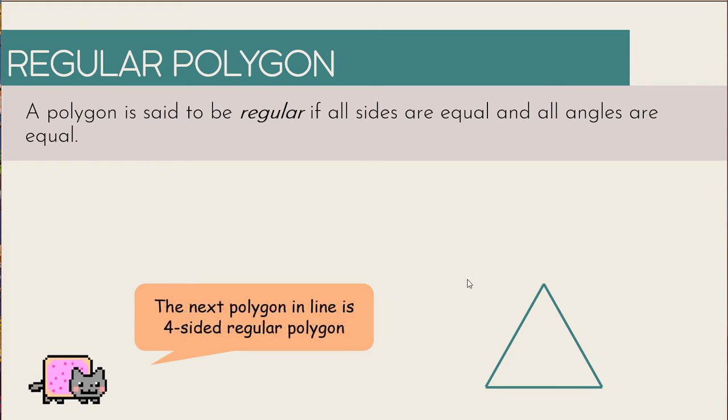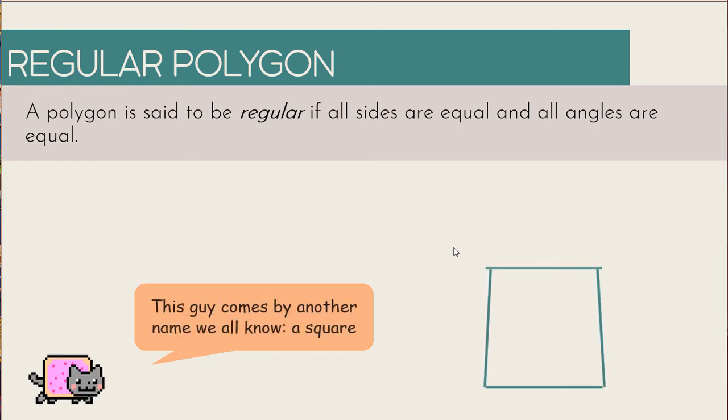Very familiar. And the next polygon in line is the four-sided regular polygon. Again, picture it. Can you imagine how a four-sided regular polygon looks like? Again, it is still a familiar shape. It is a square. Everybody knows about the square, right?